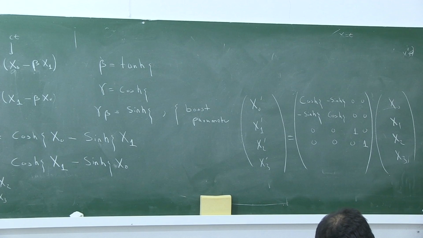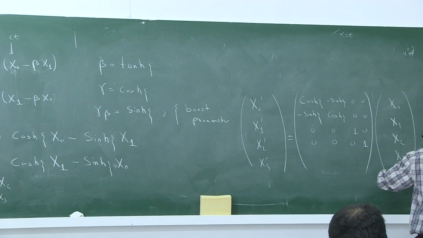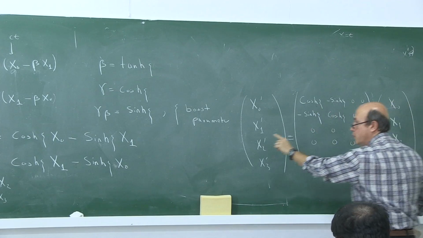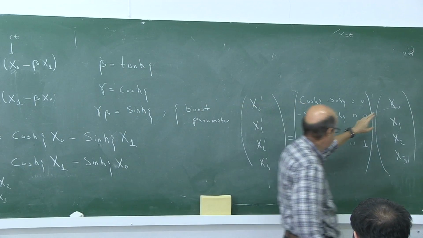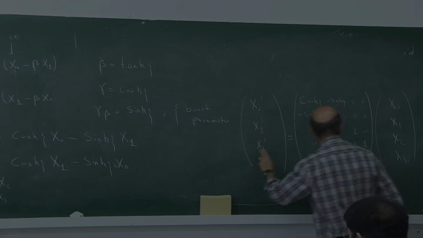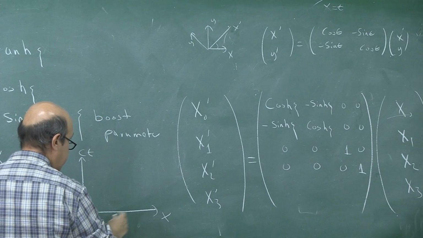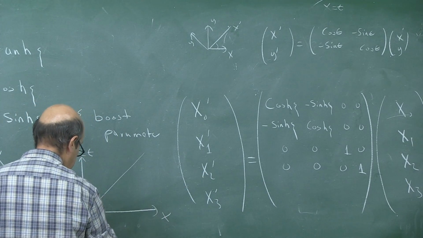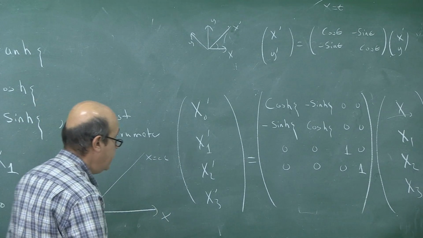So this is the Lorentz transformation in terms of the boost matrix in one dimension. If you multiply this row and this column, you obtain the first equation. If you multiply the second row with the column, you obtain the second, and x0 equals ct, as I said earlier.